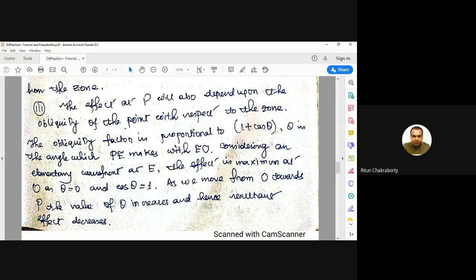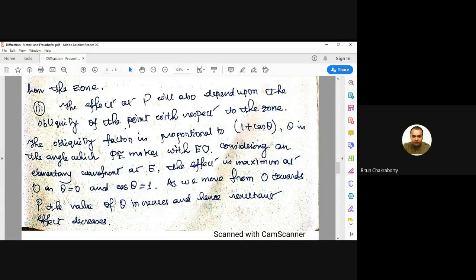Oblique is not a straight line, but some angular deviation from a straight path. So the obliquity factor is proportional to 1 plus cos theta, where theta is the angle which PE makes with EO. I think those figures have been given to you already, and I also will show you.